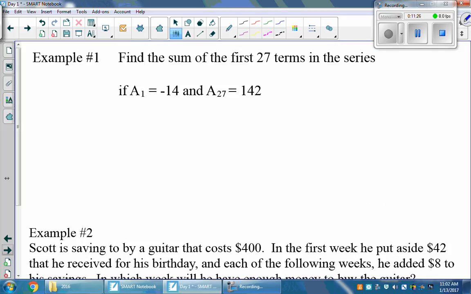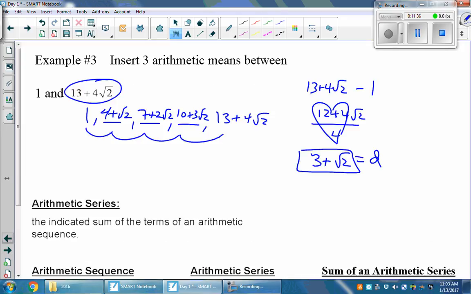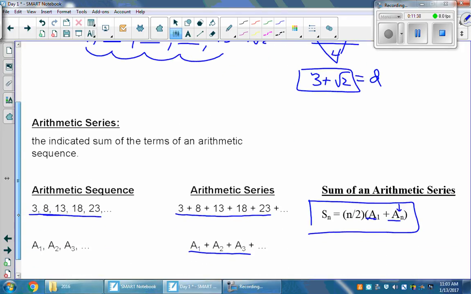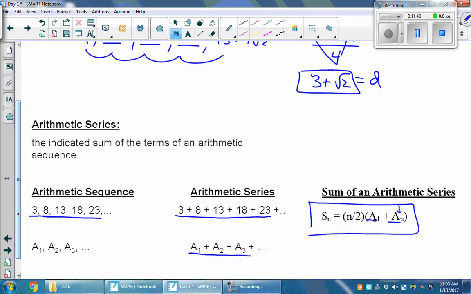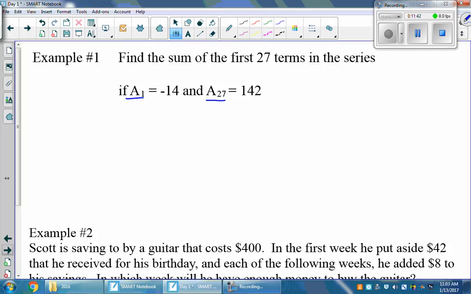Okay, so it says find the sum of the first 27 terms. You need the first term, you need that. Okay, so we'll just jump back a second. N divided by 2, and then you add them together. So S of n equals n over 2 times the first term plus the 27th term. So how many terms are there? 27.